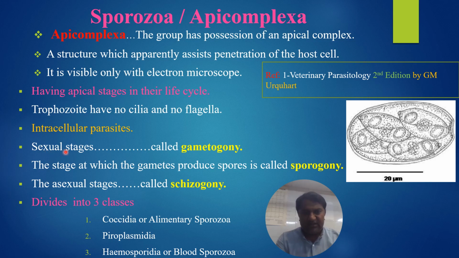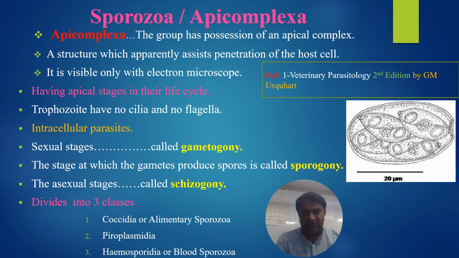The sexual stage is called gametogony, and the stage at which the gametes produce spores is called sporogony. The asexual stage is called schizogony. This divides into three main classes: Coccidia, elementary Sporozoa; Piroplasmidia; and Hemosporidia or blood Sporozoa. This is the shape of the Apicomplexa.